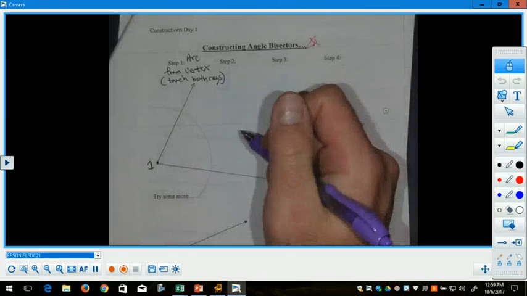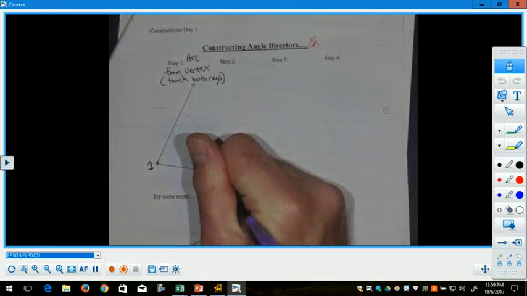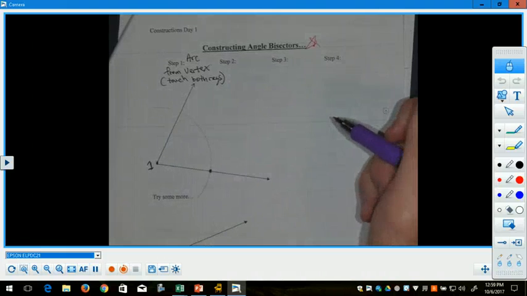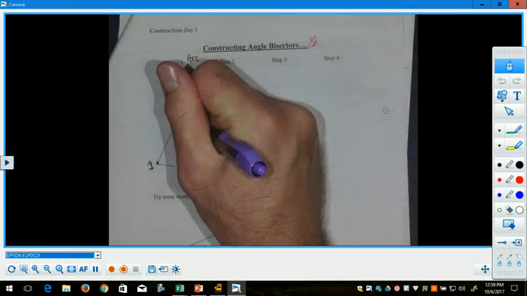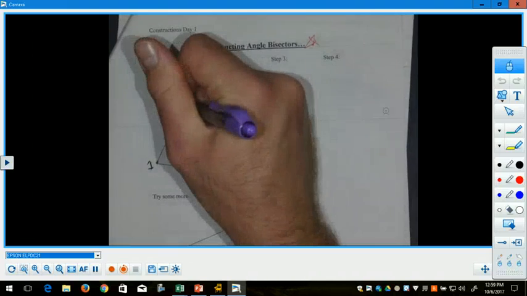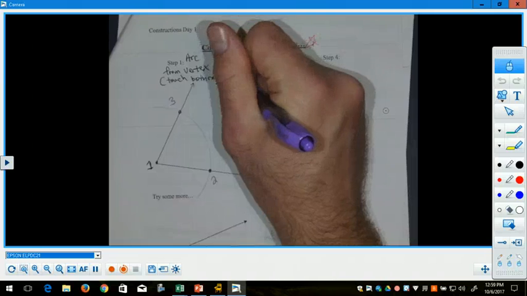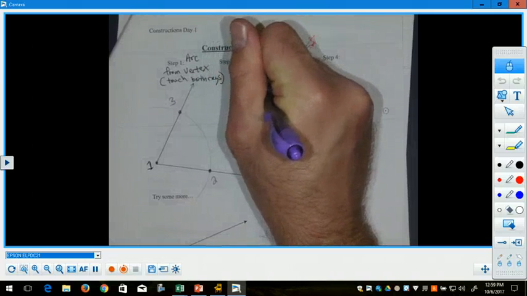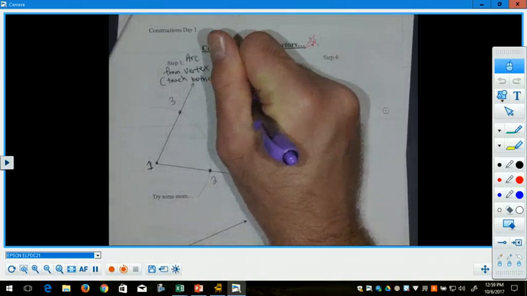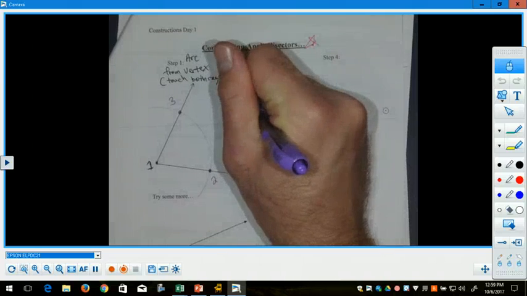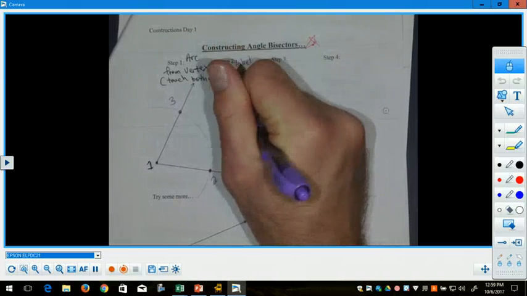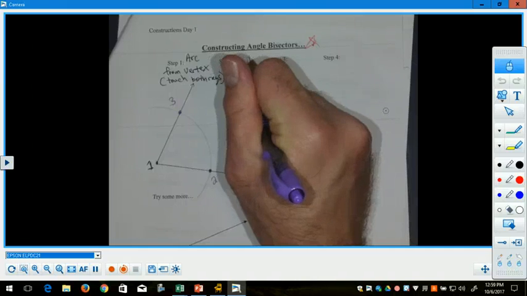The next step is to label the 2 points where that arc touches those rays, and we're going to call them point 2 and point 3. Label the intersection of arc on rays. We'll label it 2 and 3.